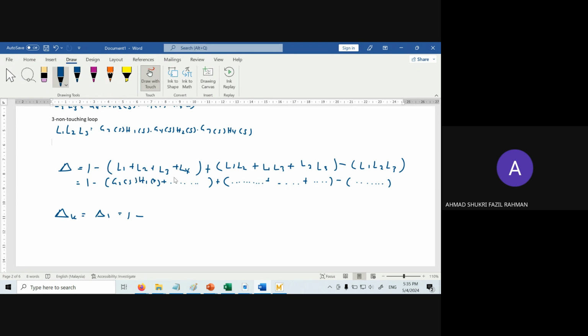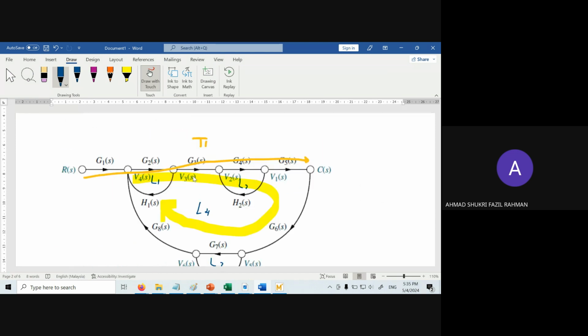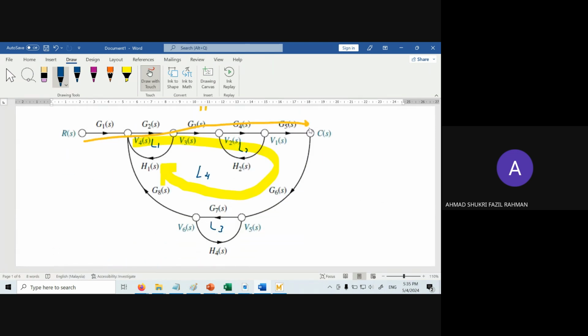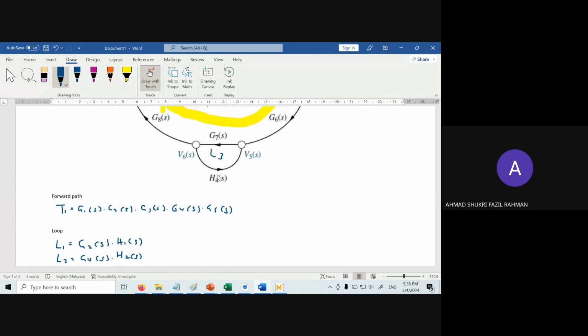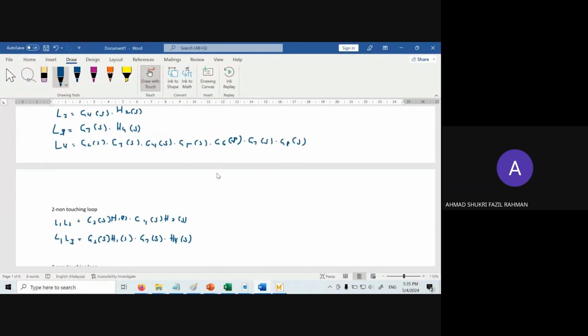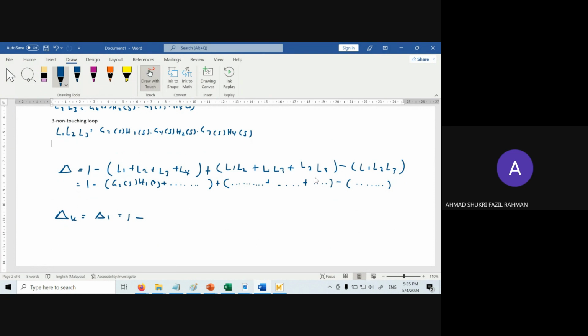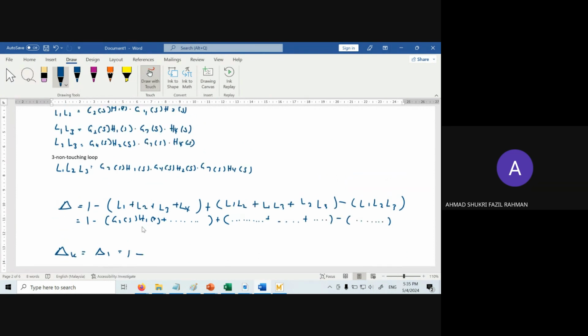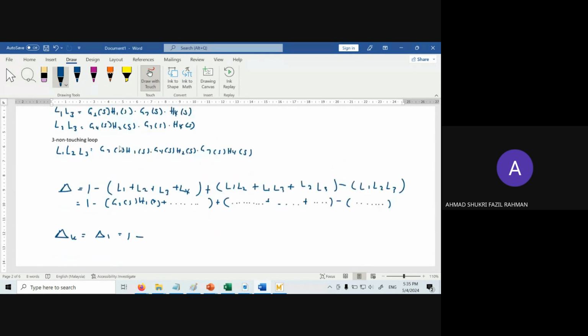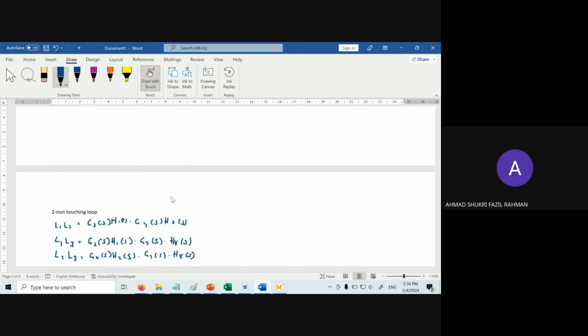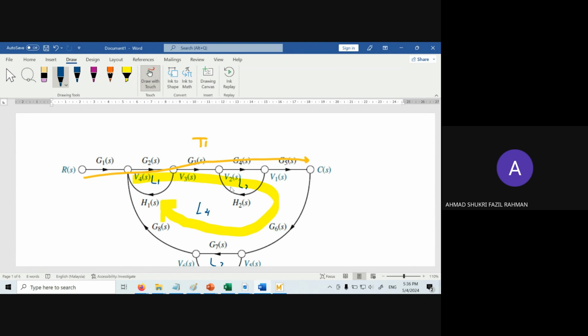So we need to identify which loop is not using the same path as T1. So based from here, we can see it is actually G7 and H4. So this is what I said. You need to copy the whole equation for each of these respective loop and non-touching loop. So from here, you need to identify and cancel out any loop that shares the same path with T1.